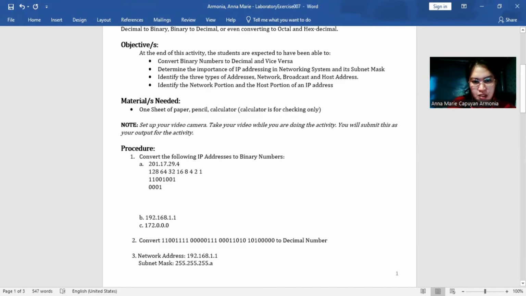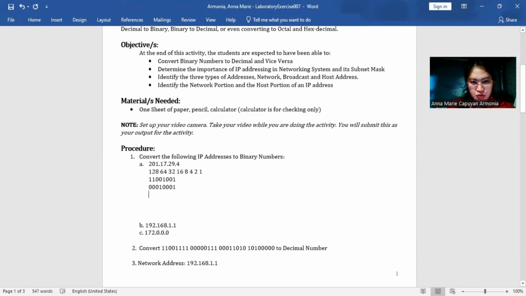Meaning we have 1 left from it. So 8 cannot be subtracted from 1, so 0. Again 0 for the 4, and 0 for the 2, and then 1 minus 1, so 1. The binary of the 17 is 00010001.